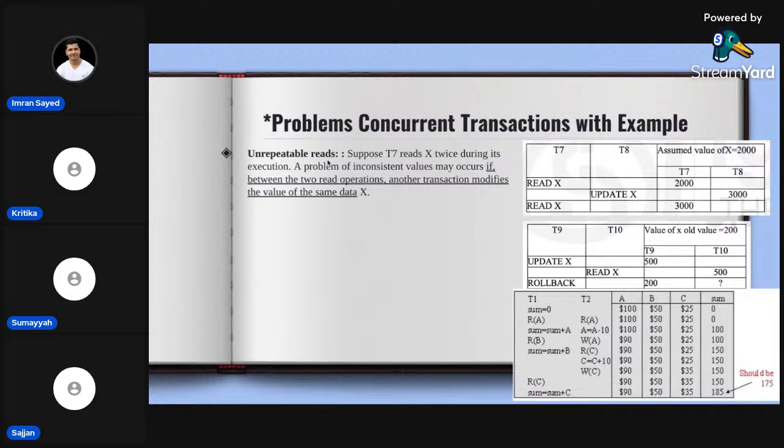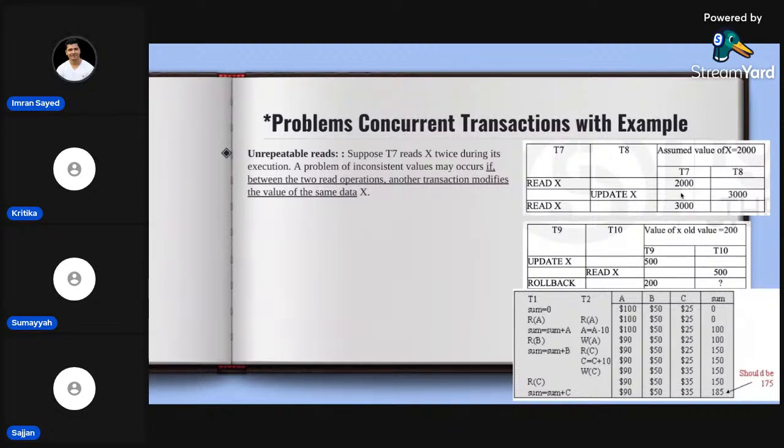So unrepeatable reads. Suppose T7 reads X, and once it's read X, another transaction T8 updates the value of X to 3,000. T7 again reads X for some reason, but this time it gets the value as 3,000.